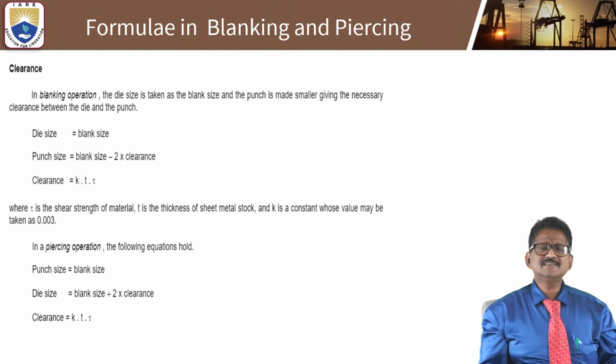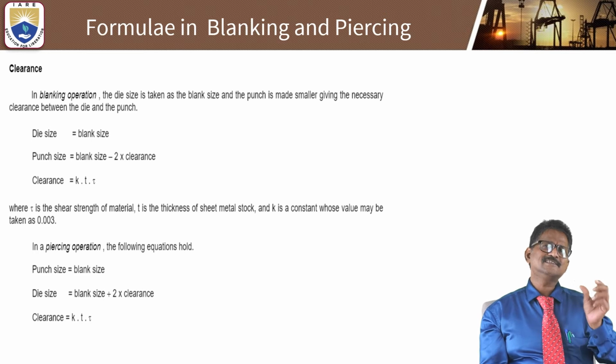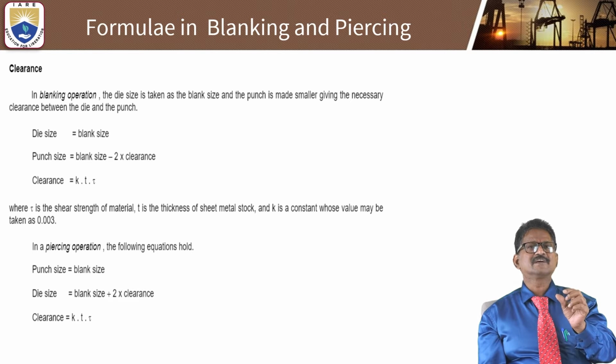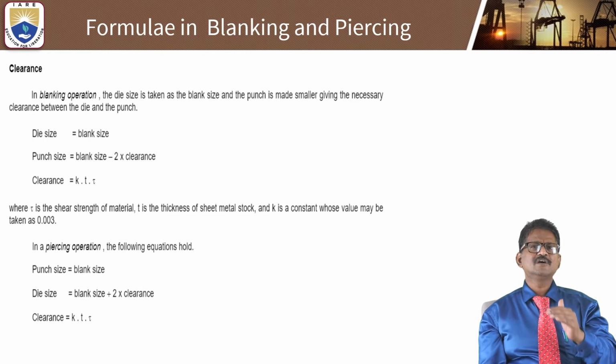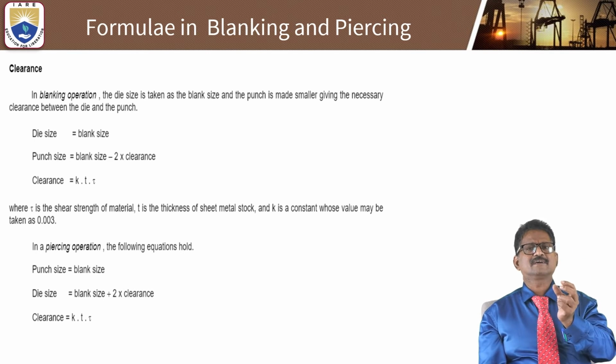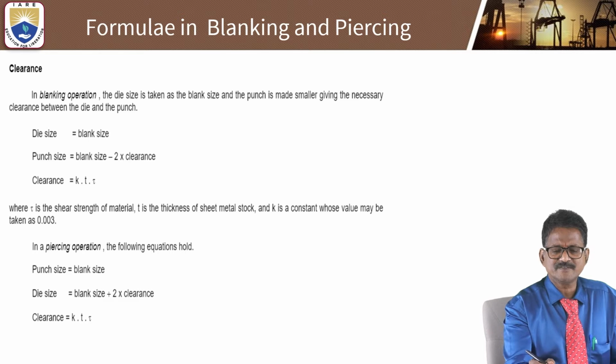Here is another interesting and important formula in blanking and piercing, especially the clearance. If it is a blanking operation, you always deduct the clearance in the blank, and when it is a piercing operation, you add the clearance. So this is very interesting.